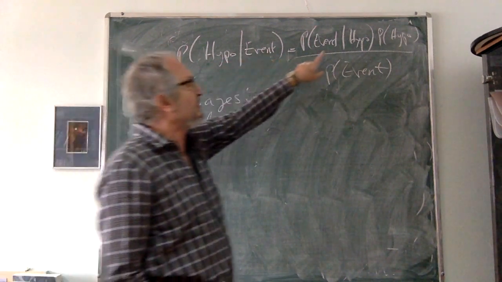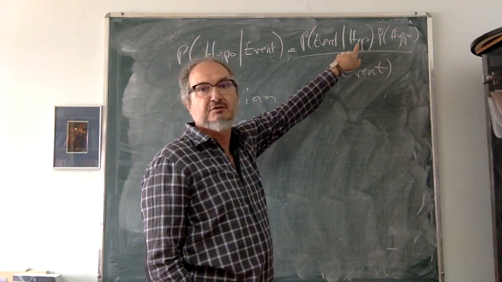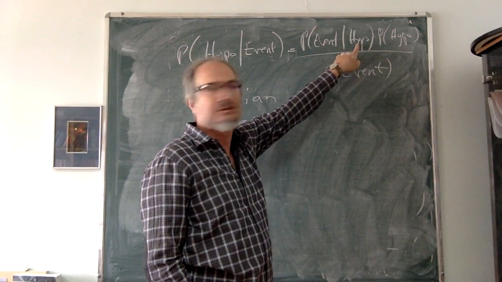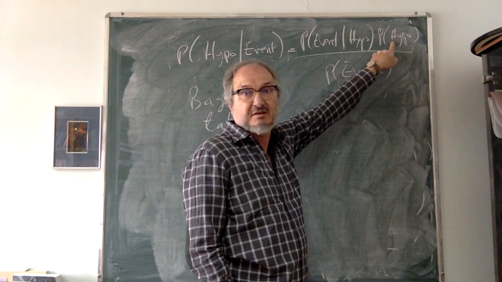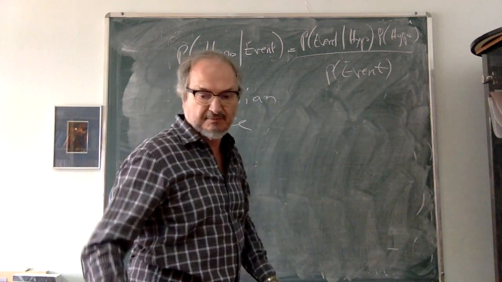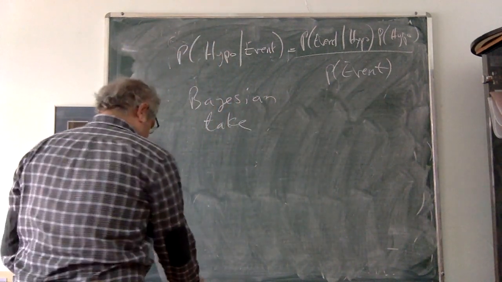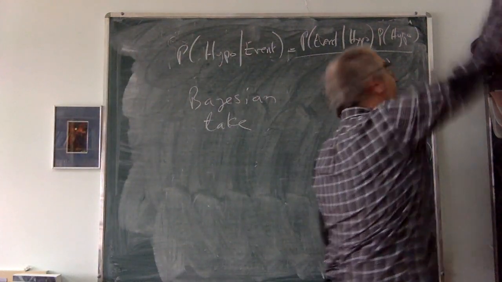This is related to, well, what was the likelihood of the event given the current value of the model? What is the probability of your hypothesis in the first place divided by probability of event? Okay. So this is the sort of crucial connection in Bayesian inference.